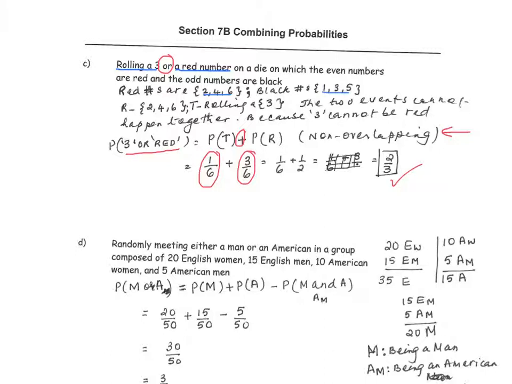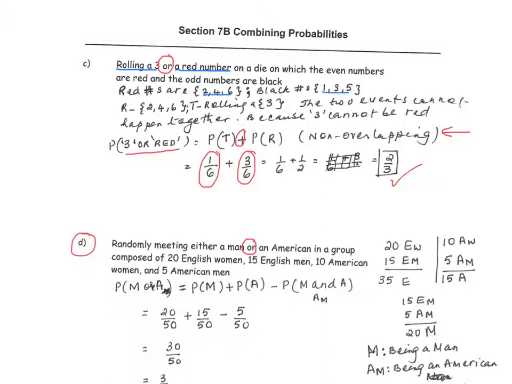Now, the next question, what is the probability of randomly meeting either a man or, again it's an or statement, an American in a group composed of 20 English women, 15 English men, and 10 American women and 5 American men?